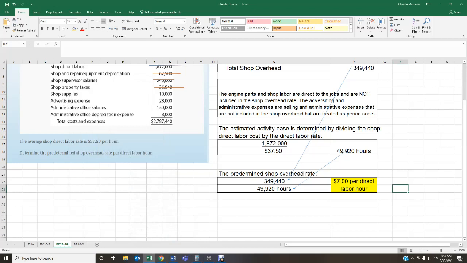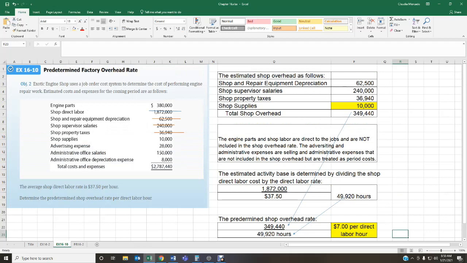We calculated our overhead rate based on the labor hours, so for every hour of labor, I'm going to assign $7 of overhead to that specific item. That is the calculations for this second problem, determining the factory overhead rate based on direct labor hours. That concludes my second lecture.